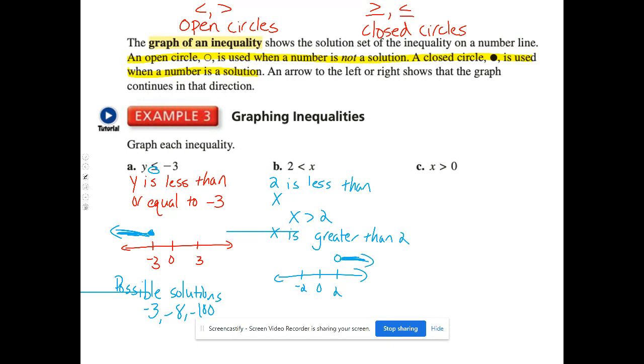Is 2 a solution here? No. Why? Because we have an open circle at 2. Final problem here, x is greater than 0. Here's my number line, here's 0, open circle at 0, shade right. Anything above 0 would be a solution.